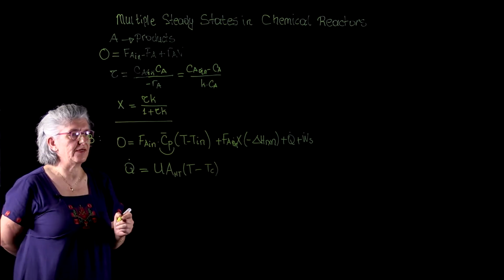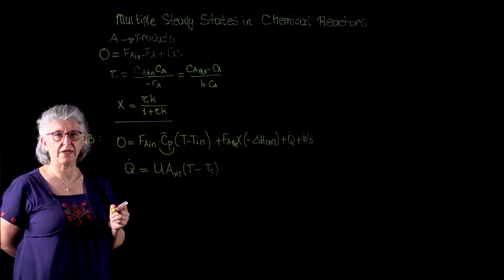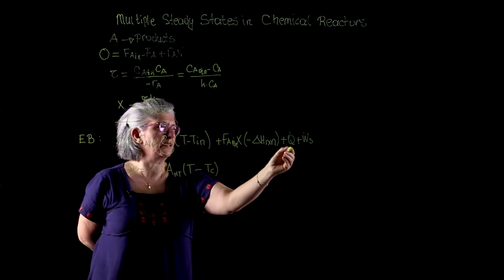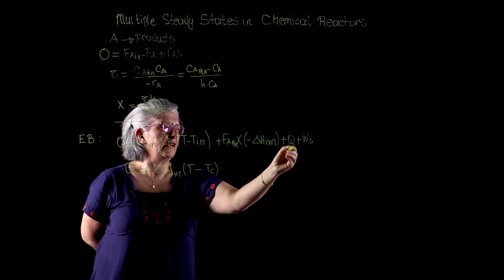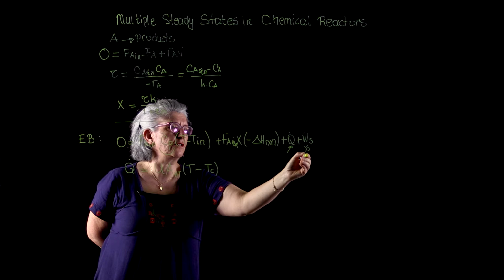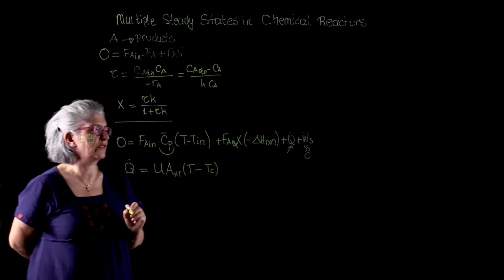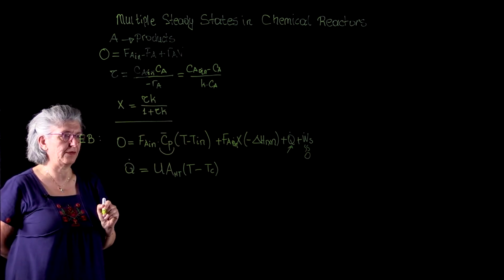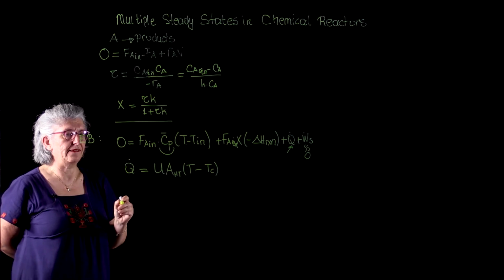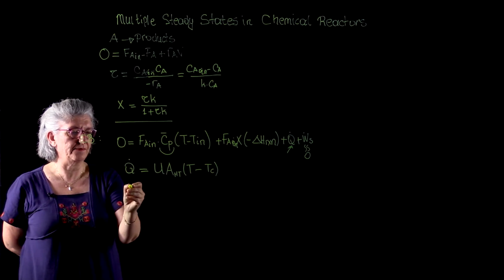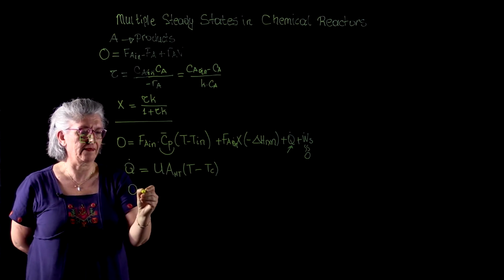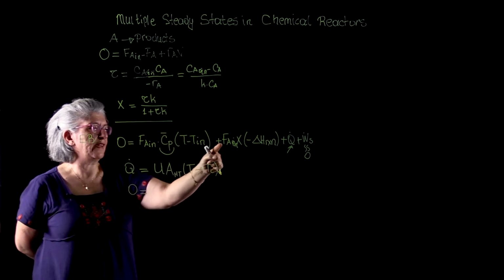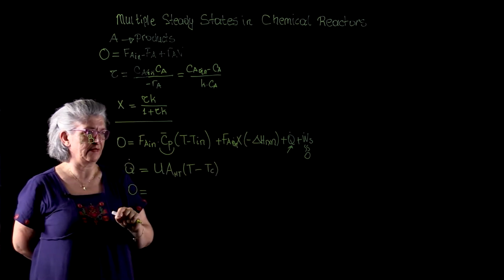So in this case, we are removing heat from the reaction environment. When we substitute this expression here, and assume that the shaft work is negligible in comparison to the rest of the parameters, we have a relationship that is linear with temperature here, and we have some nonlinearities in this term.